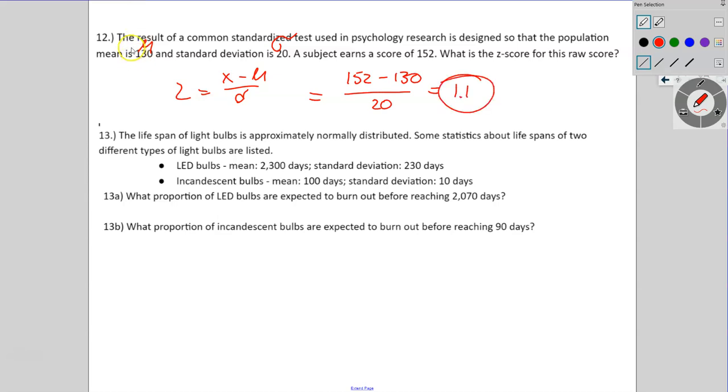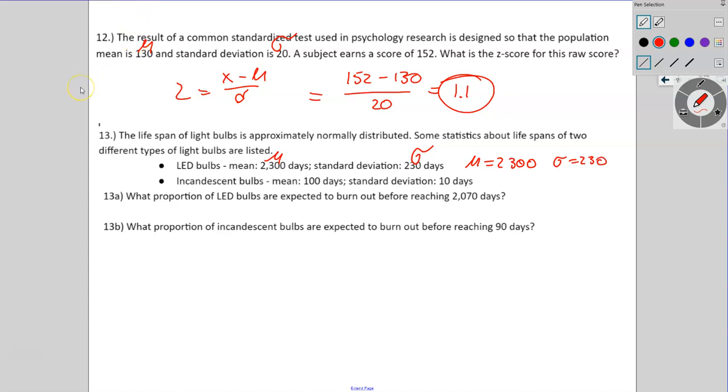All right, question 13. The lifespan of light bulbs is approximately normally distributed. Some statistics about lifespan of 2 different types of light bulbs are listed. The mean for the LED is 2,300 days, and the standard deviation is 230. That's your mean, that's your standard deviation.